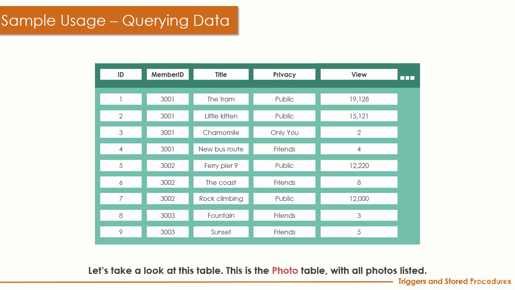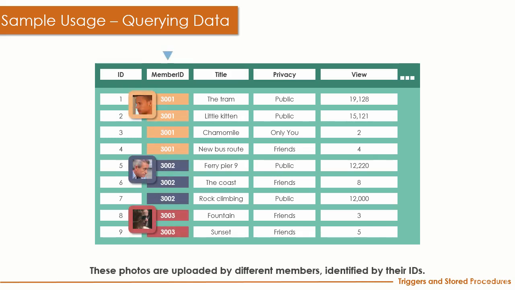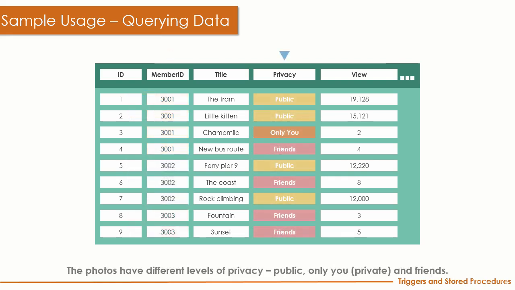We have a photo table to store the photos, and you see there is a member ID column storing who uploaded the photo, who owns the photo, and we have a privacy column which shows the visibility of the photo. Public means everyone can browse the photo. Only you means only you, the owner, can view the photo.